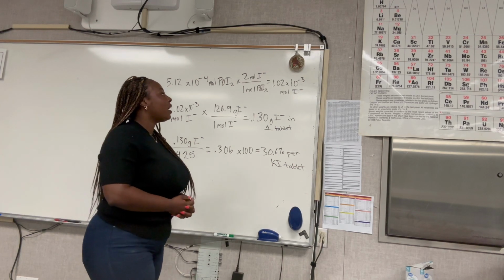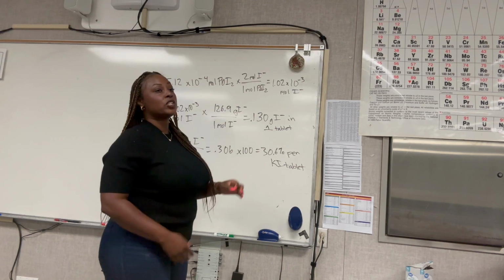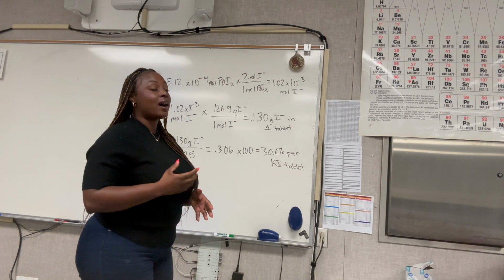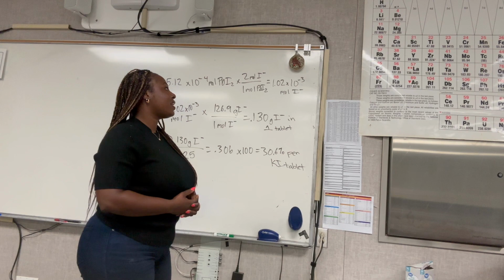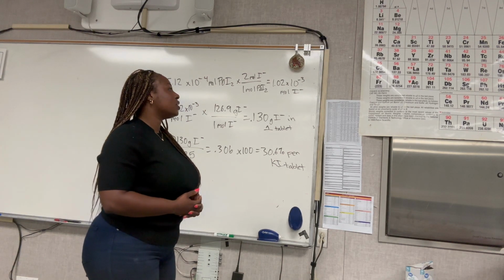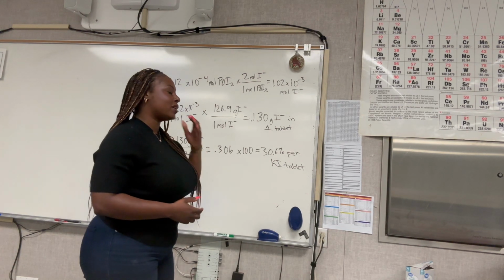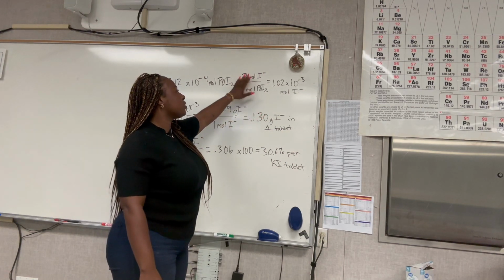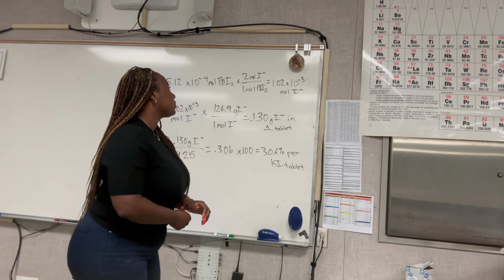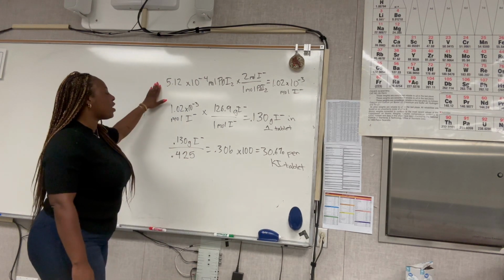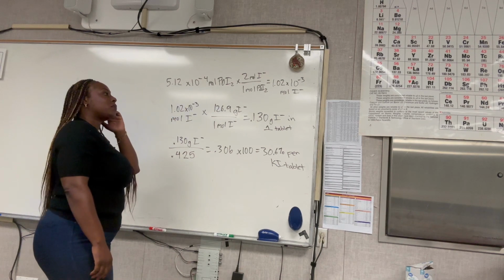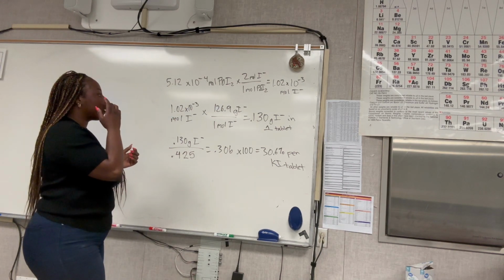From there, I can do my mole to mole ratio between the moles of iodine in the compound of lead iodide compared to the overall mole of the compound. So I have 1 mole of lead iodide under 2 moles of iodine. When I calculate, I just take the 5.12 times 10 to the negative 4 and multiply it by 2 to get 1.02 times 10 to the negative 3.